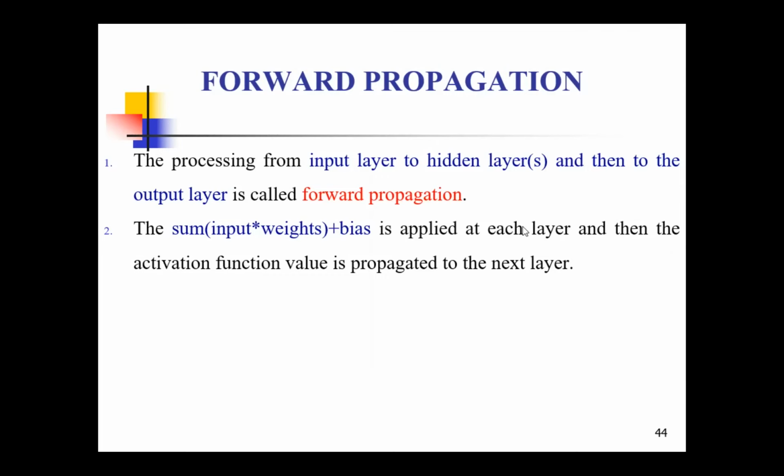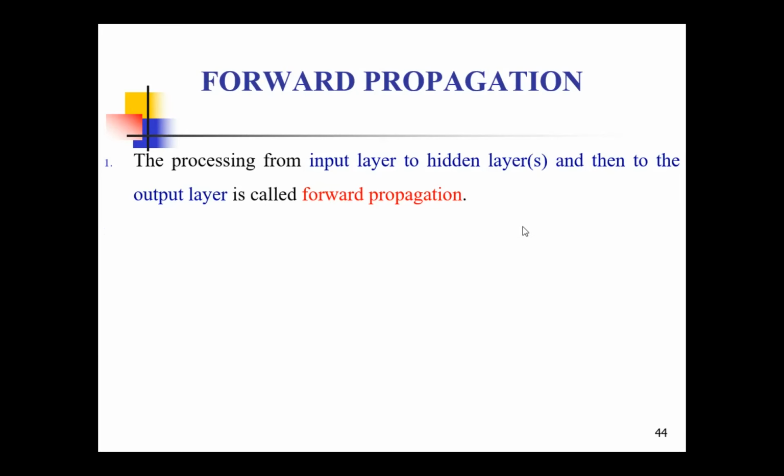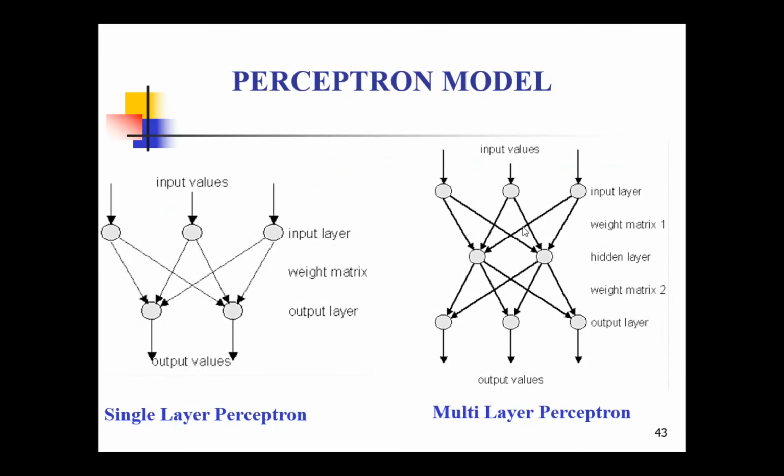For example, from input to hidden. Then once again I have to include an activation function, because from the hidden layer to the output I have to provide some weight again, and have an activation function. So in this case there will be two weight matrices for the multi-layer perceptron. But in the case of the single layer perceptron, we have only one weight matrix.